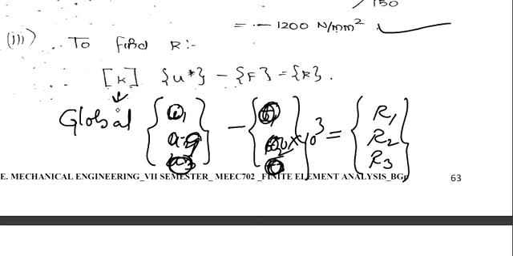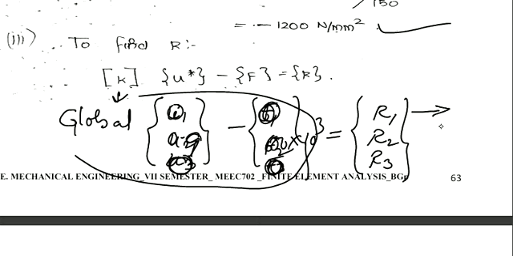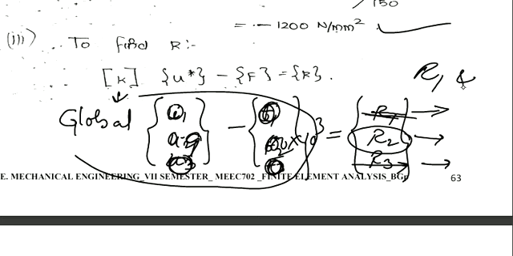All the values are known on this side, only the unknown is on the right side. From the geometry, I can say that the reaction force at R2 will be 0 because it is not a support. Reaction forces occur only at 1 and 3, R1 and R3.